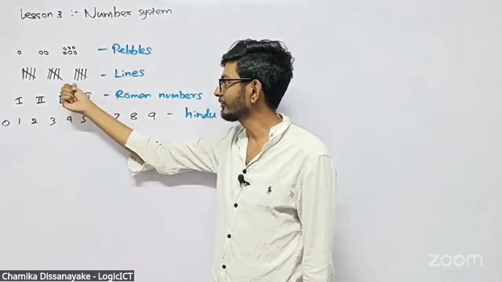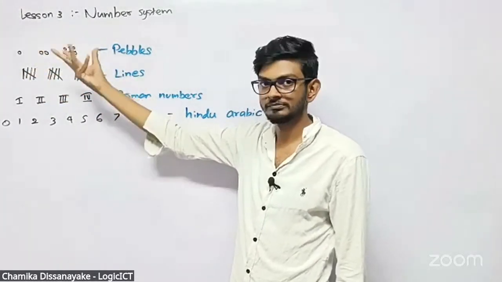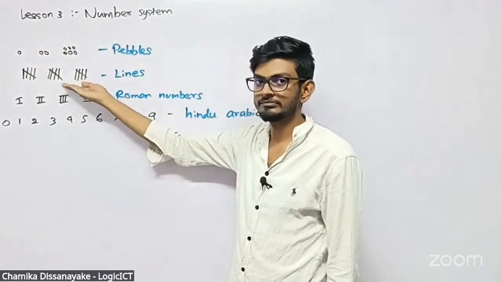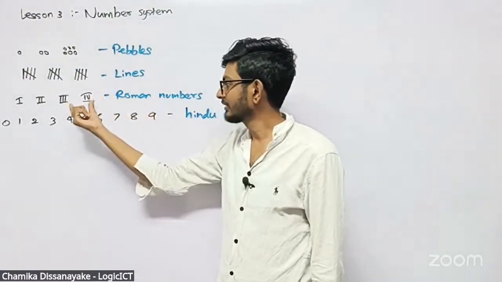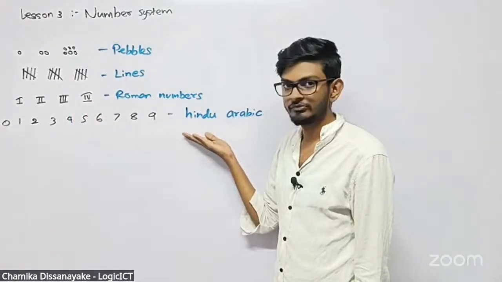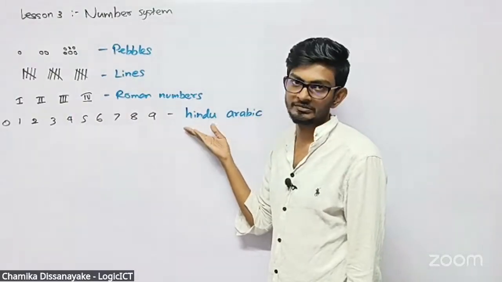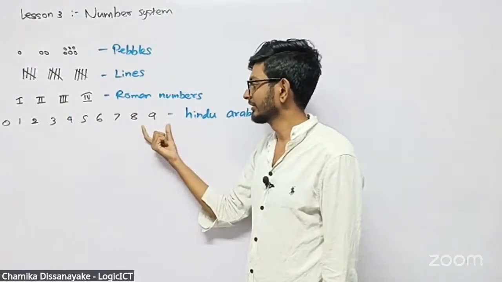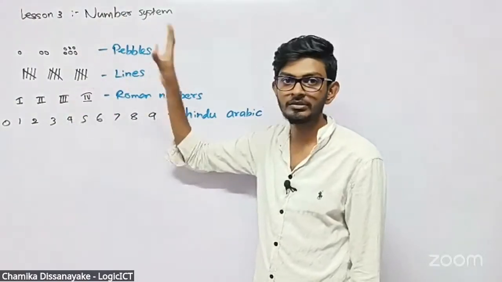In here also they are going to use lines and calculate. This is another system. And here they have used Roman numbers. This is another numbering system. So at last we are going to use Hindu Arabic numbers. This is another numbering system. We can call these things number systems.